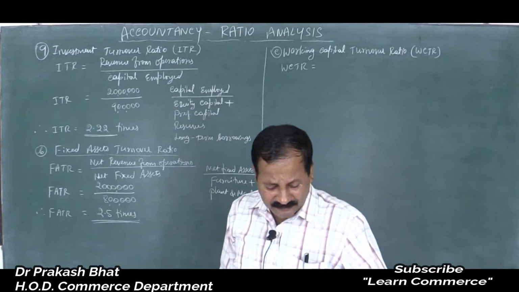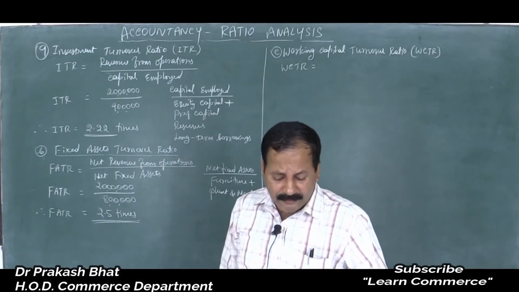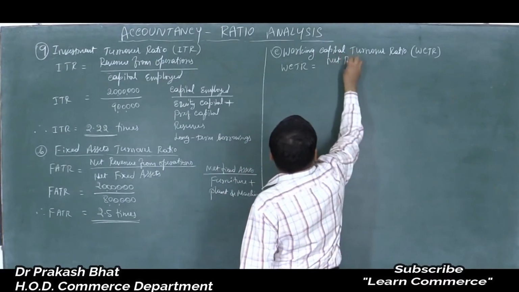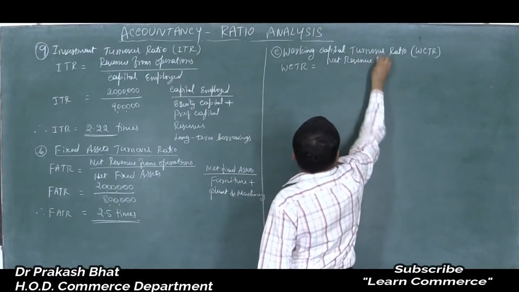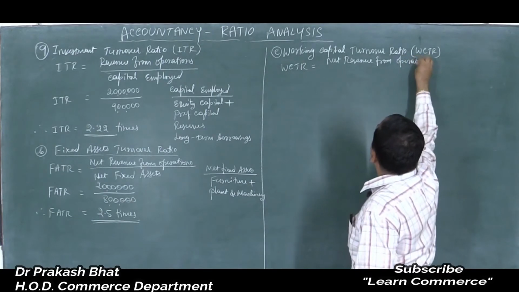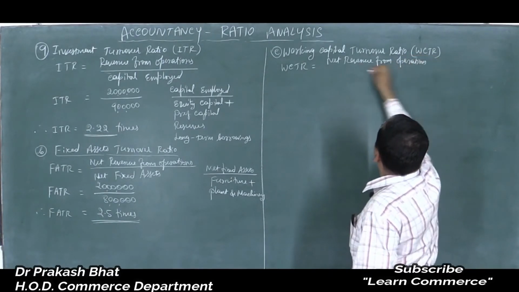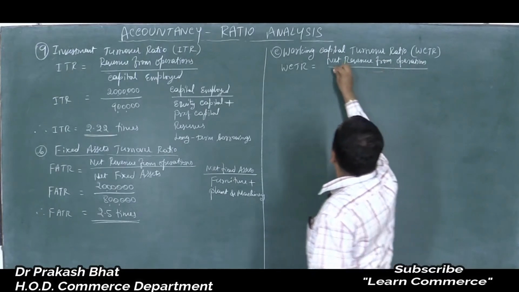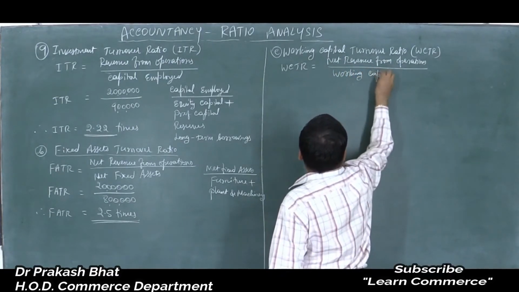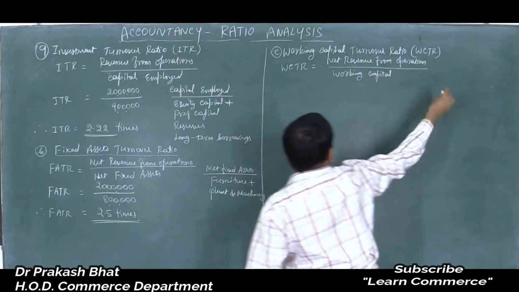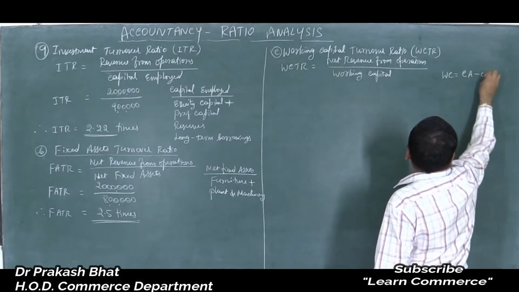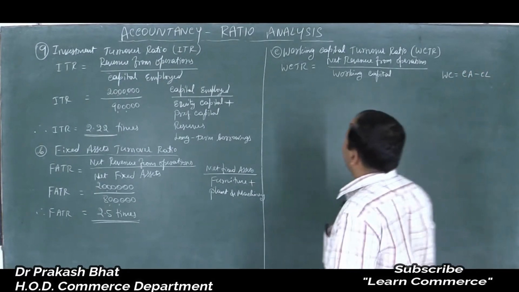Very simple, see. So write the formula, net revenue from operations divided by working capital. Working capital is equal to current assets minus current liabilities.